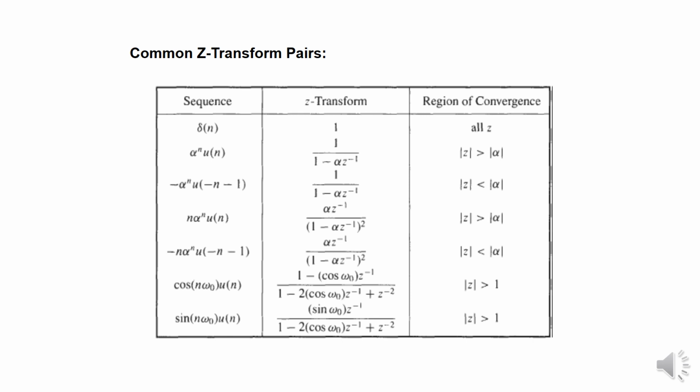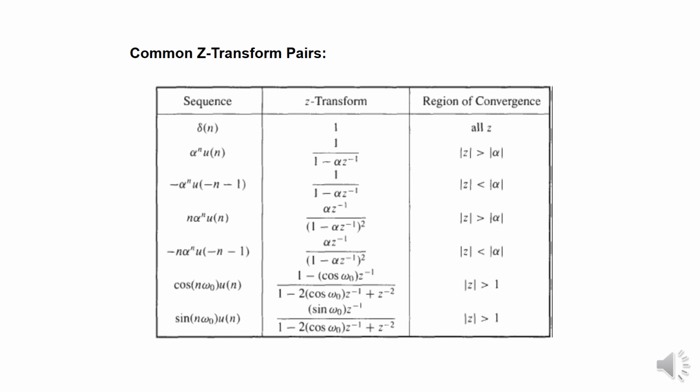Likewise for all the other cases with the region of convergence, what you are seeing here are the Z transform pairs, so we will use these pairs. These are previously found values, and as you can remember, we have proven a few of these.